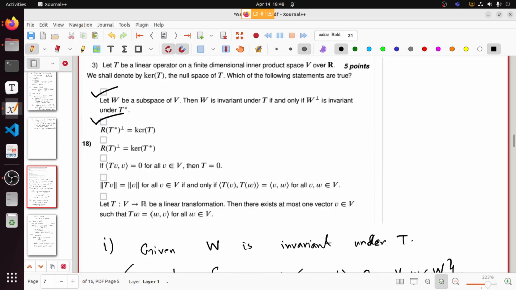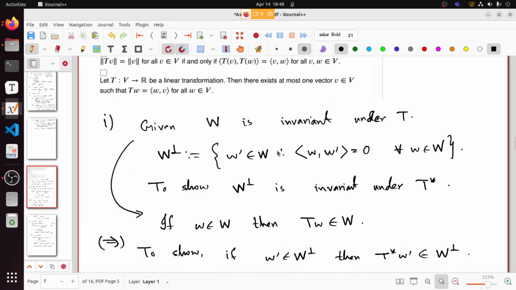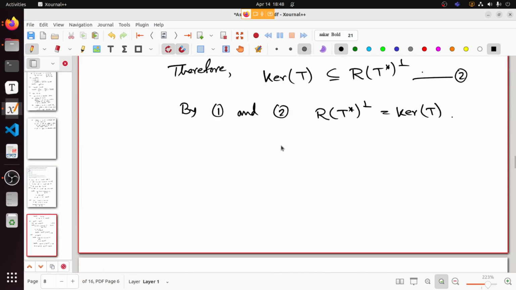What is option number 3? Range T perp is the kernel of T star. This will again be correct. Just replace T by T star.